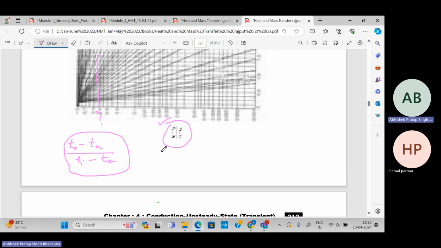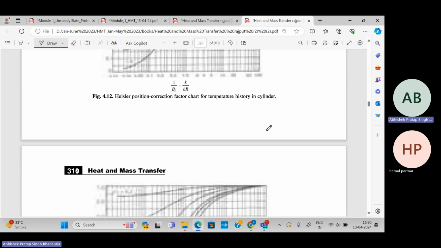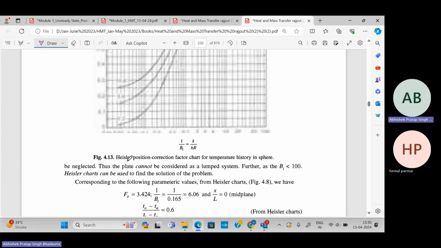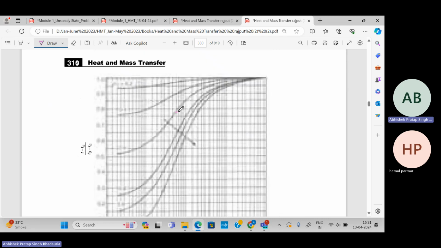Clear? Now, if I have to find the temperature at a location other than the center line or mid plane, we have to use the Heisler position correction factor chart for the temperature in a sphere. For this, we will use 1 upon Biot number that we have already determined, and these curves are expressed in terms of small r by capital R. We will calculate this factor also.